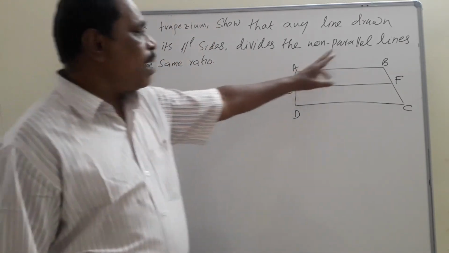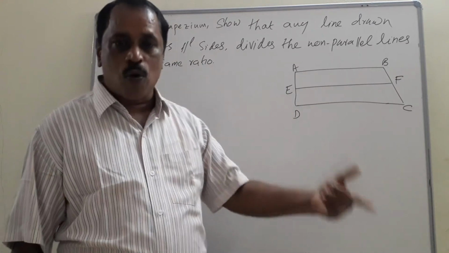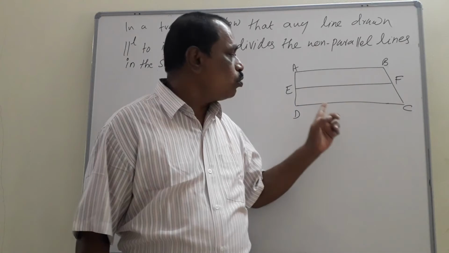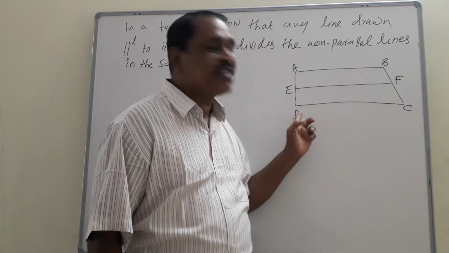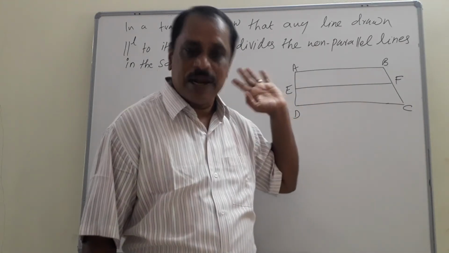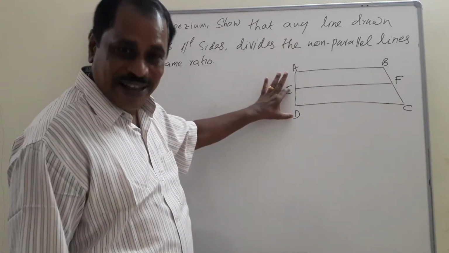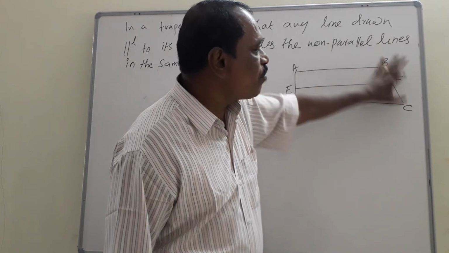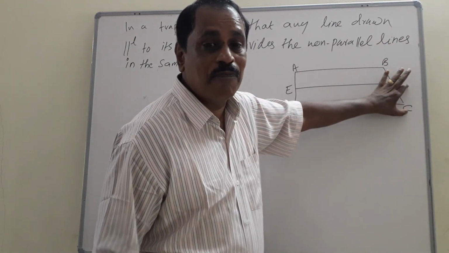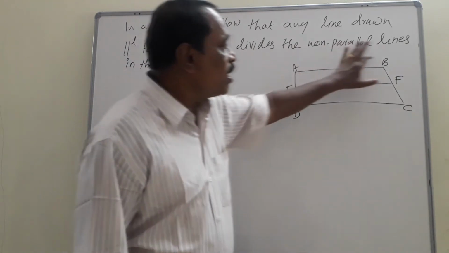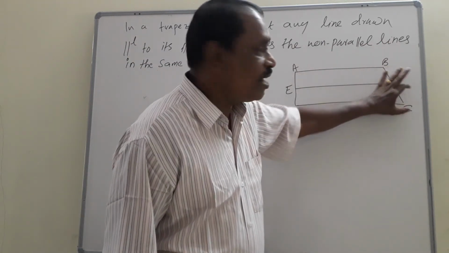Here, ABCD is a trapezium, and EF is parallel to AB as well as DC. That is given, correct? We have to prove that AE divided by ED equal to BF divided by FC.